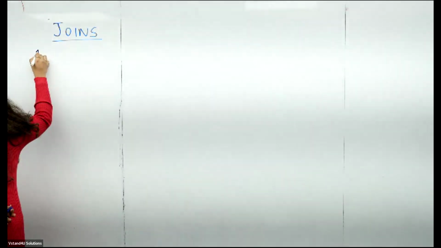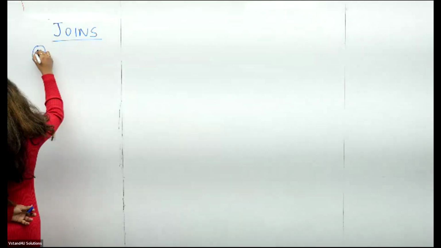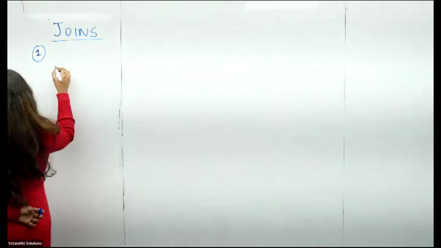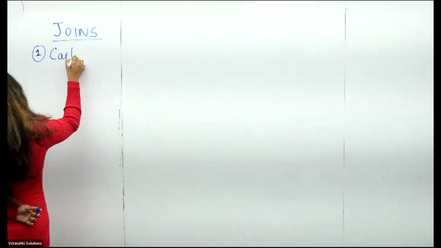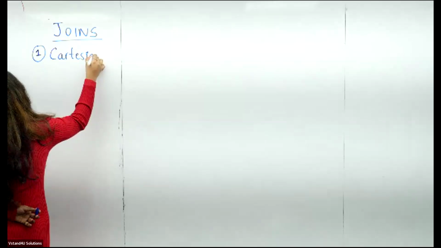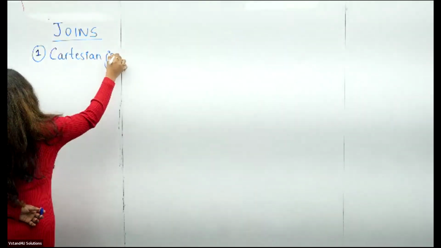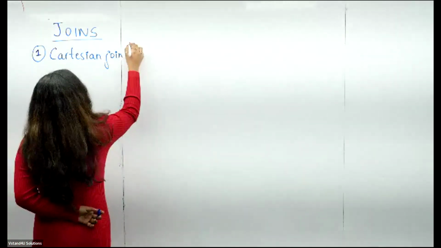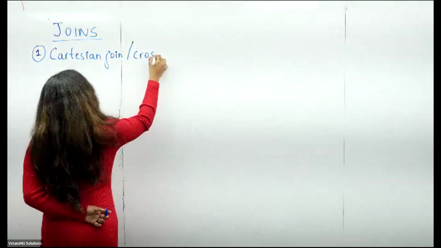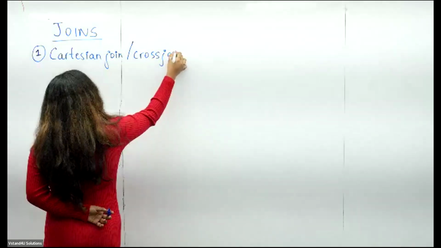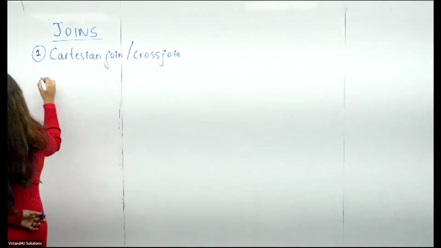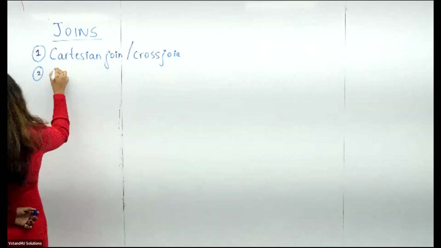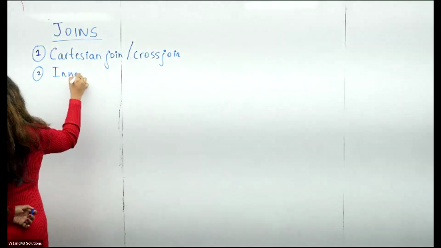Take down, now tell me what are the different types of joins. What may be the first type of join? The first type of join is called Cartesian join, or this is also called cross join.